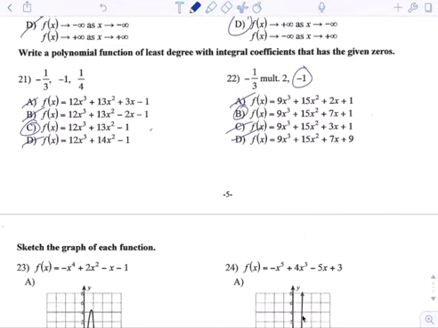Now, if you want to get it from scratch, these are all our zeros for those problems. So in order to get those zeros, you can put these in polynomial form. So you have x is equal to negative 1/3.